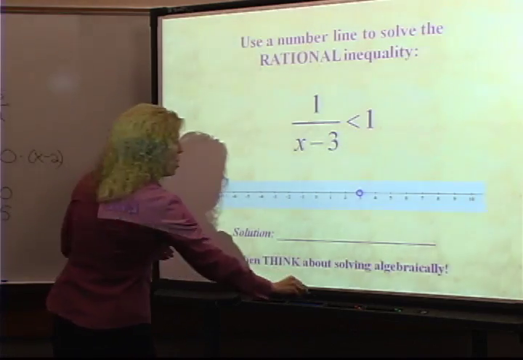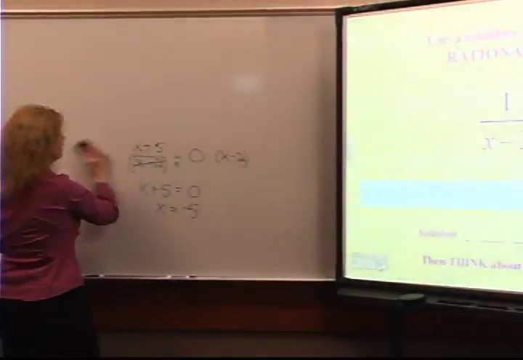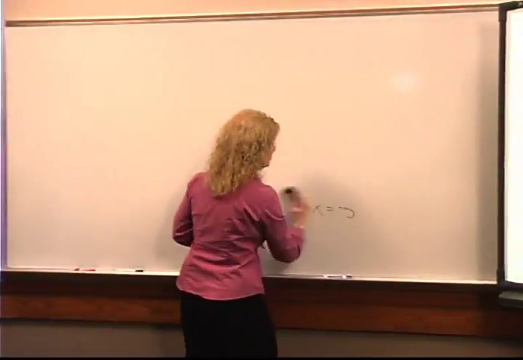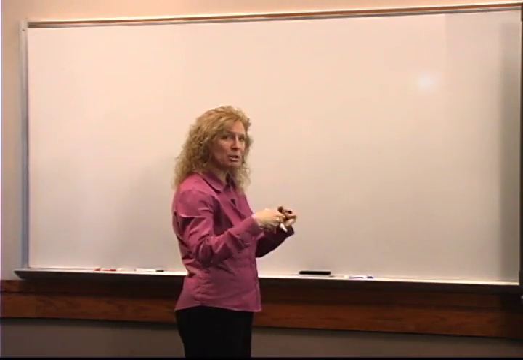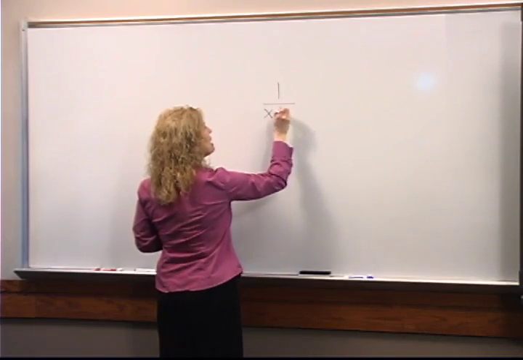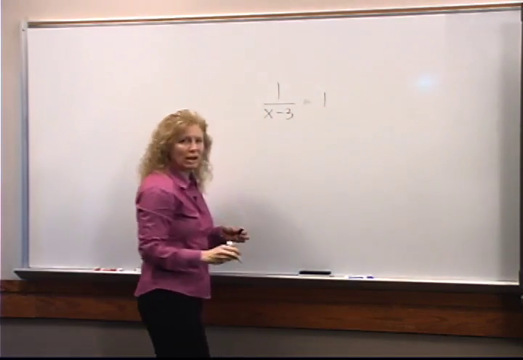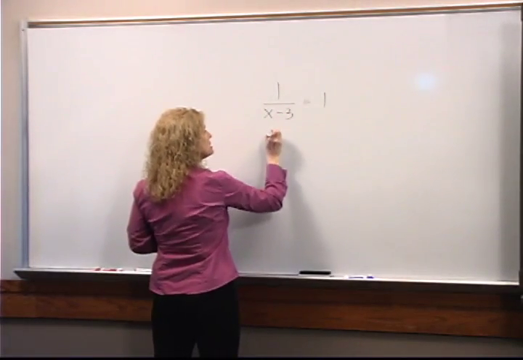Okay. Well, then I need to check to see where I have equality, because equality is the breaking line between less than and greater than. So I have 1 over x minus 3 equals 1. Let's multiply both sides by x minus 3.